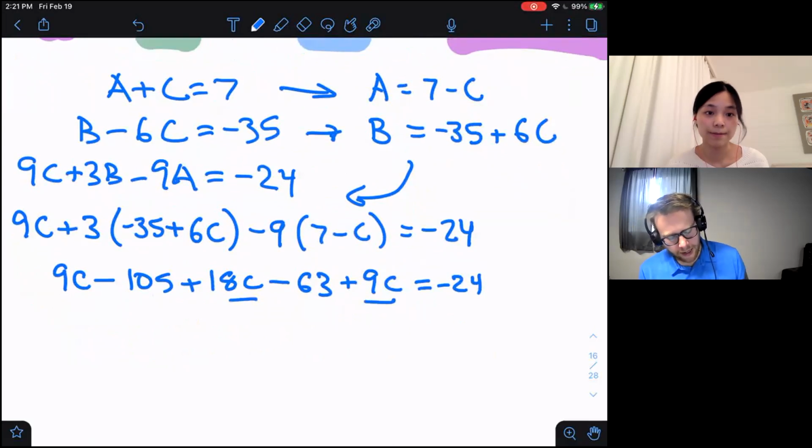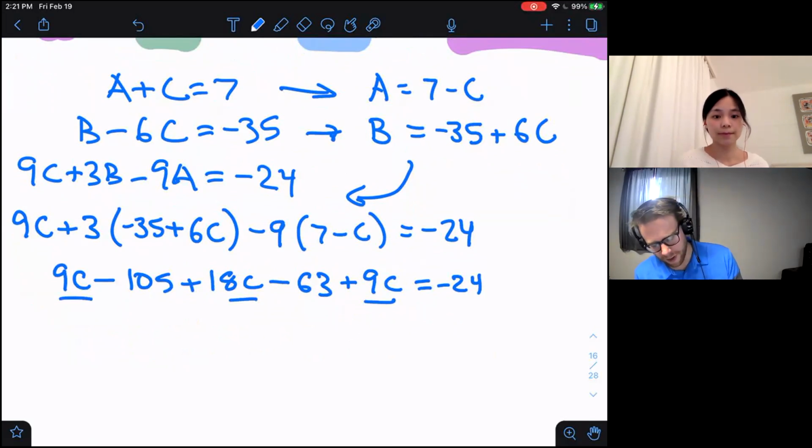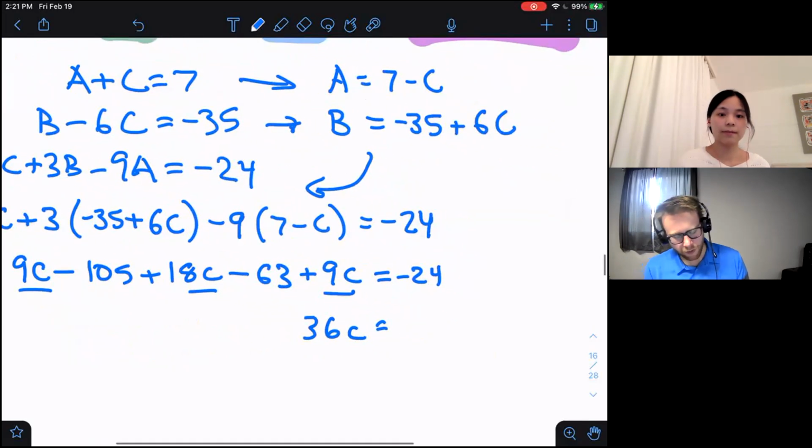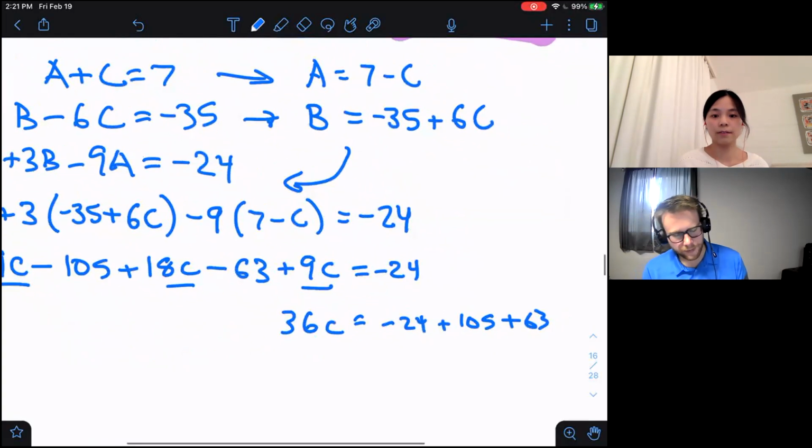So let's see. I have all of these being added together. So I should have 36c over here. And if I move over all of the other pieces, I'd have negative 24 plus 105 plus 63. So all of those constant terms over here.